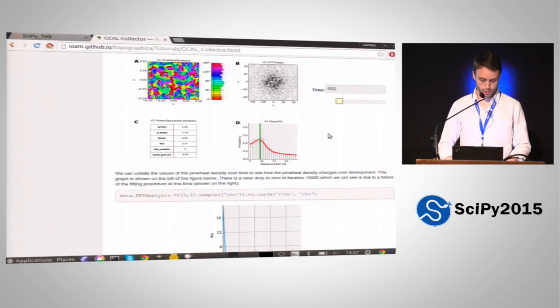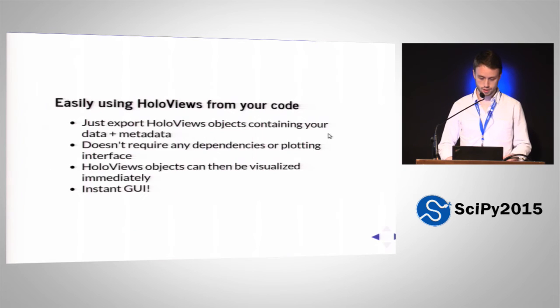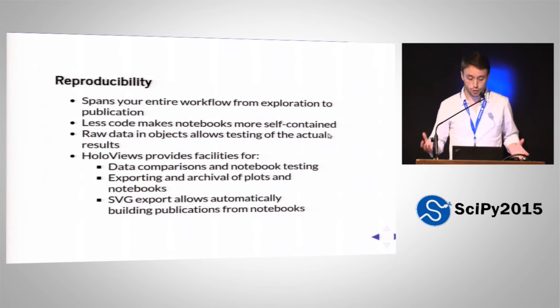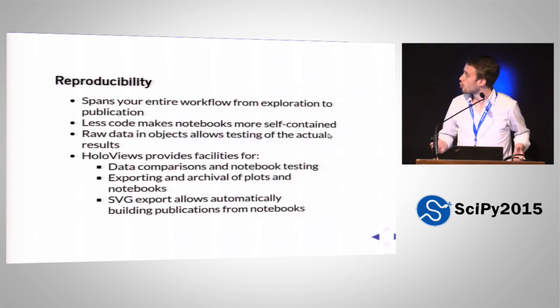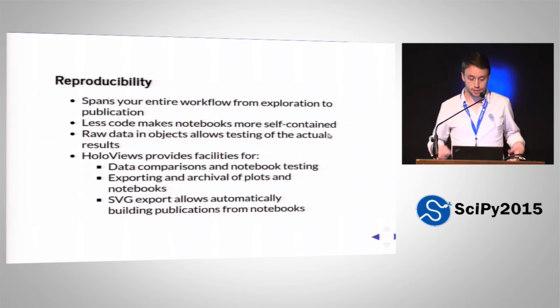Okay, so that's one aspect. Another important factor is reproducibility. HoloViews actually allows you to span the entire workflow from initial exploration to publication. You require less code to actually explore your data. Everything is self-contained, so as you see, all our plots were very little code.